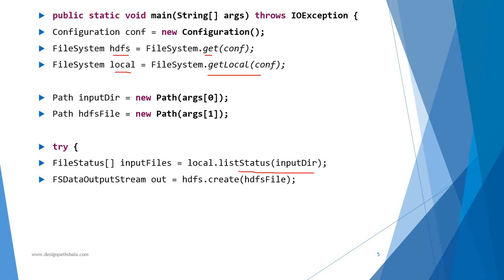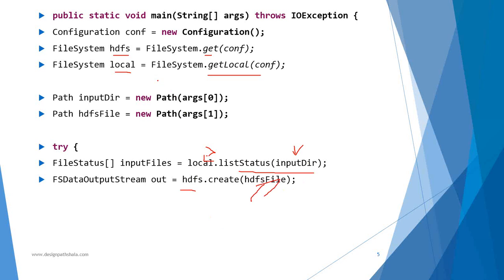So over here, I have written a Java code which is reading a lot of smaller files from the input directory on a local file system, combining them into a single file and putting it into HDFS. So I am reading all the files from the local file system, which is the input to this program, and I've created a new file in HDFS file system, hdfs.create.